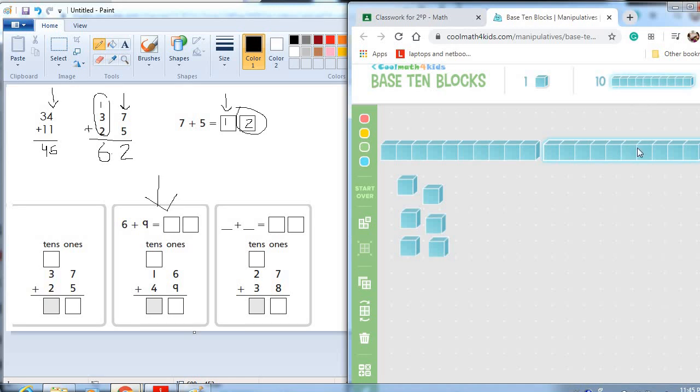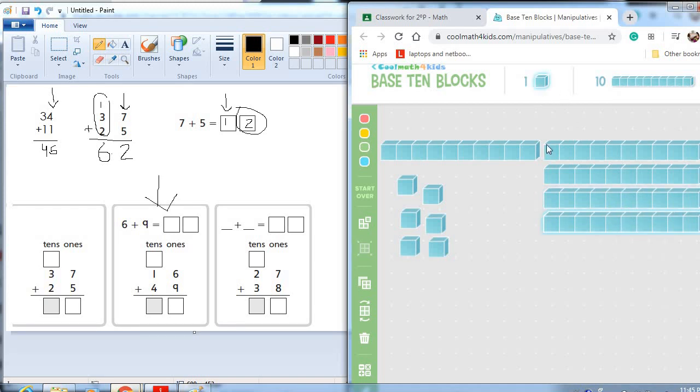Y ahora, después, 49. 40, 1, 2, 3, 4, 5, 6, 7, 8, 9. Now I need to add all my ones.